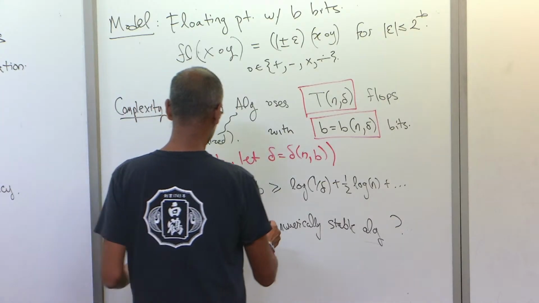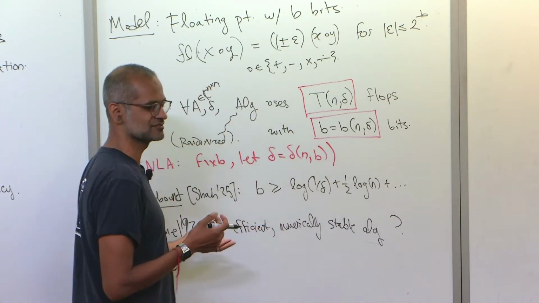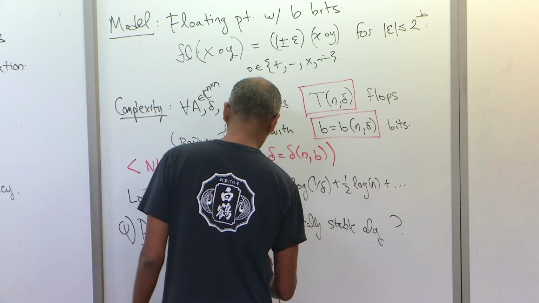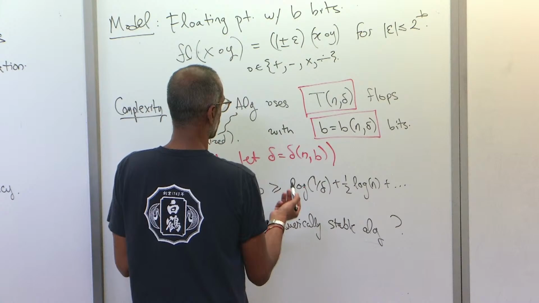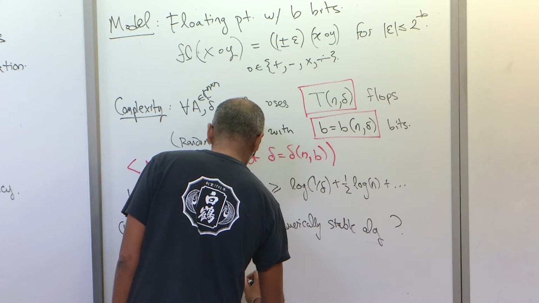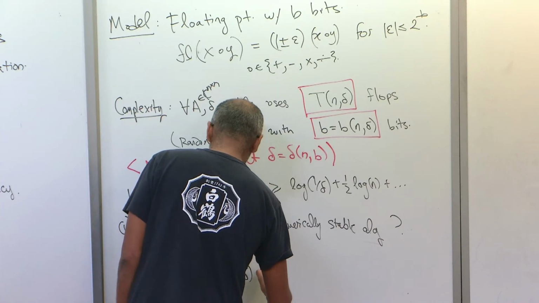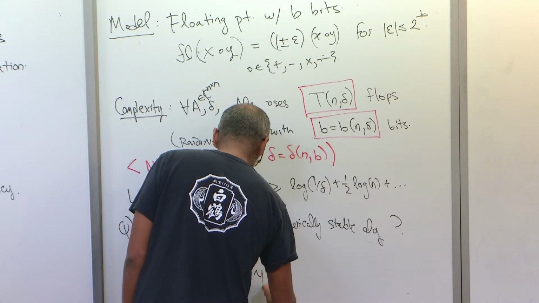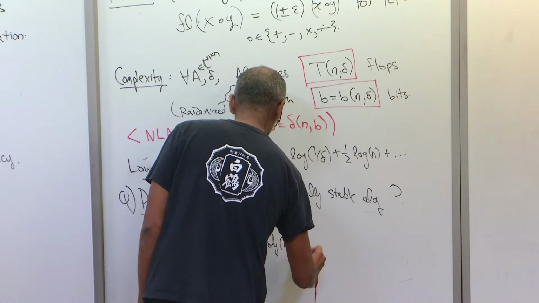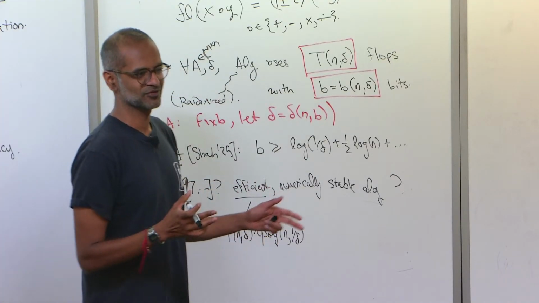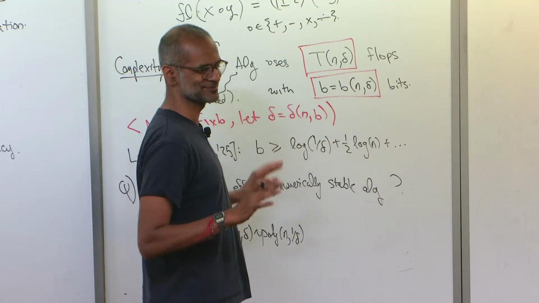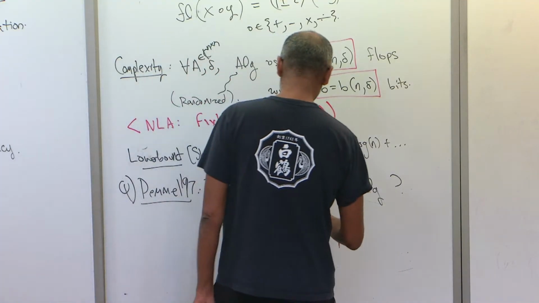By efficient, there are many ways to read this statement, but one reading is that it uses a small number of arithmetic operations, so T of n comma delta should at least be polynomial in n, and maybe polynomial in 1 over delta or polynomial in log 1 over delta. We can ask Jim later what he actually meant by this. Maybe he meant order n cubed, which is what he's nodding.